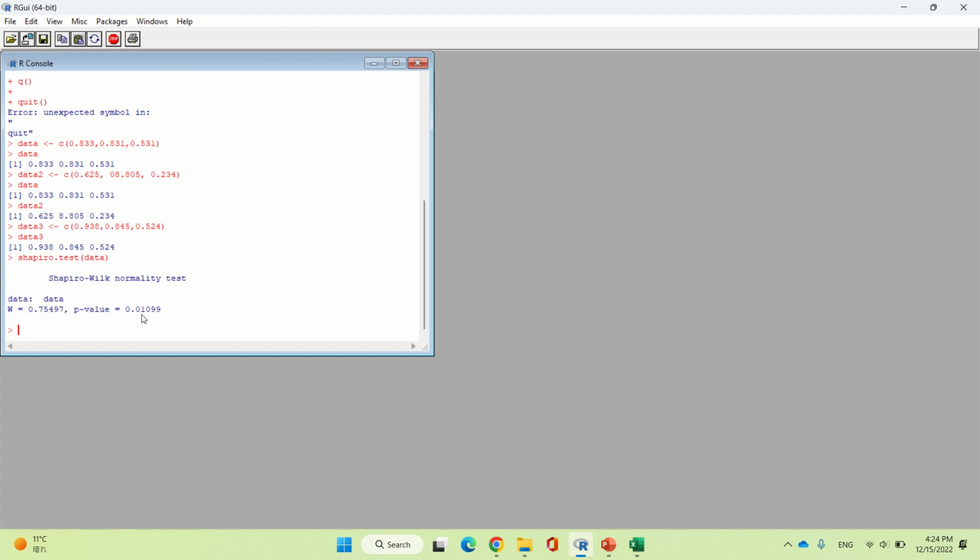Now define the dependent variable. I use data, and this is the assignment, and the vector formula in numbers.